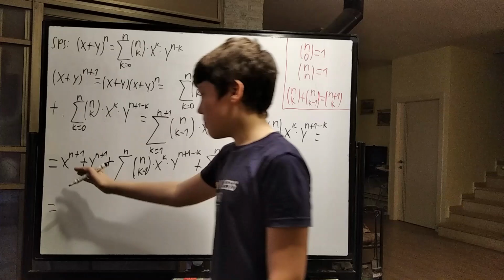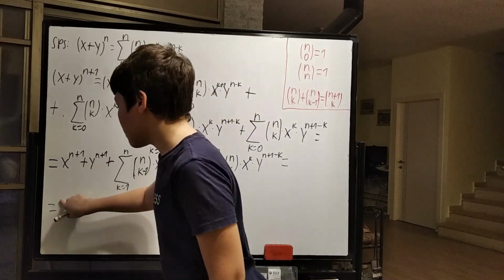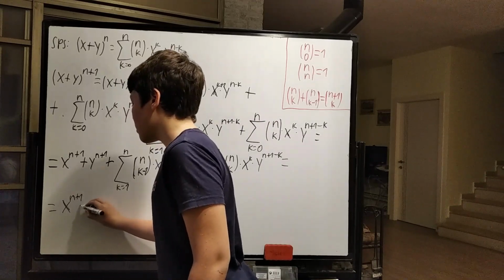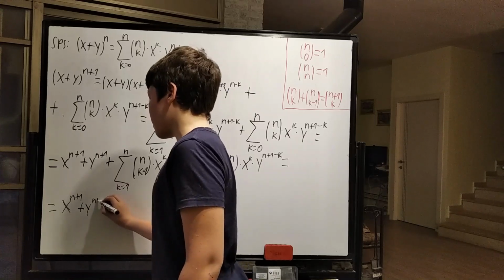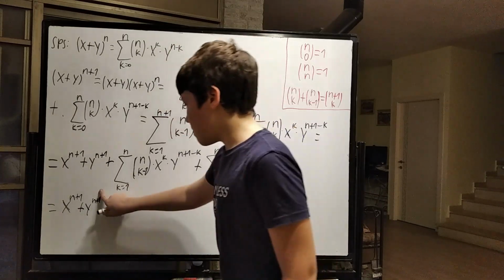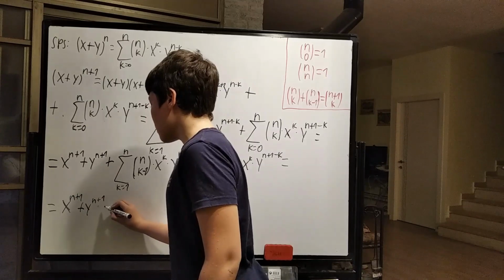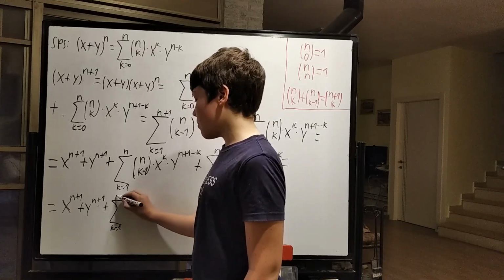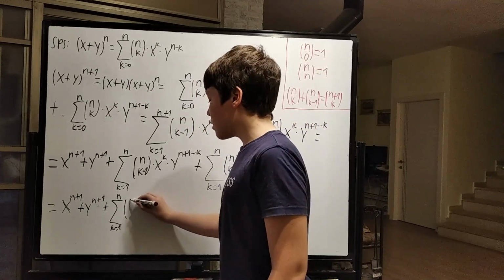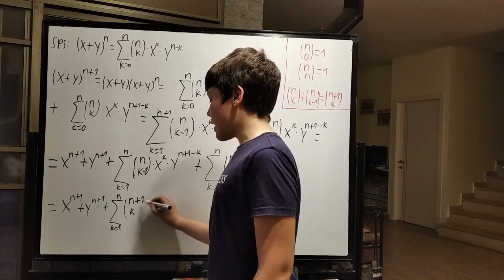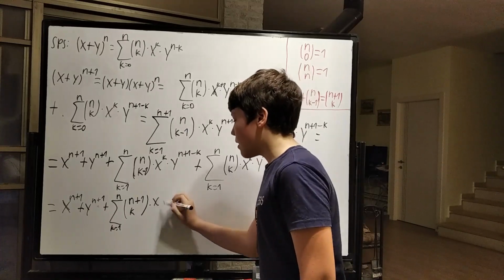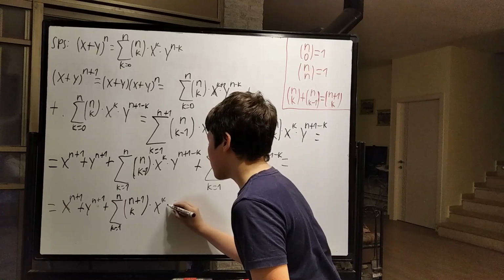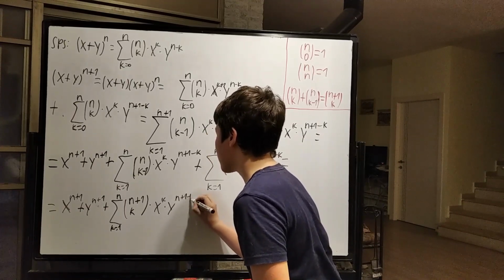Meaning that we have, these are still x to the n plus 1 plus y to the n plus 1, and then plus, like we said, the sum as k goes from 1 to n of n plus 1 choose k times x to the k times y to the n plus 1 minus k.